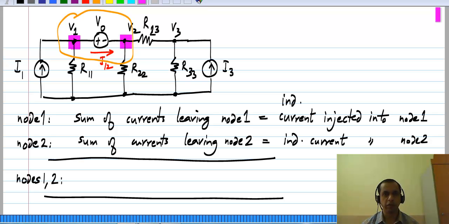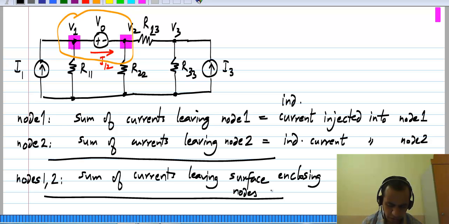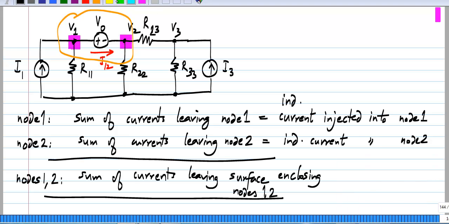So any current flowing between nodes 1 and 2 will get cancelled when you carry out the summation, and what is left is the sum of currents leaving the surface enclosing nodes 1 and 2. Basically this surface. This is the surface we are talking about here.